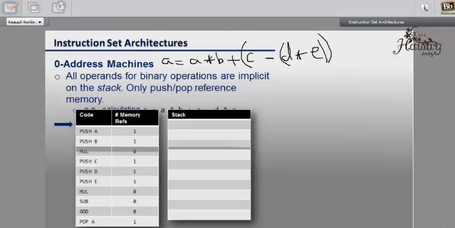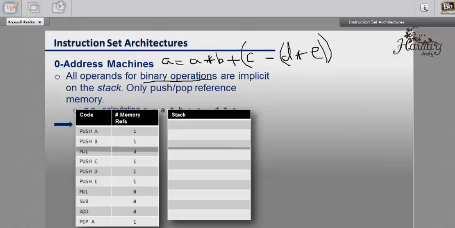Okay, right. Always remember something, the zero address machine deals with binary operations, which means the memory reference is either 1 or 0. If we have a value, it will indicate the number 1, which means that we do have a value. If we do not have a value, it will give us the 0, which means there is no value.